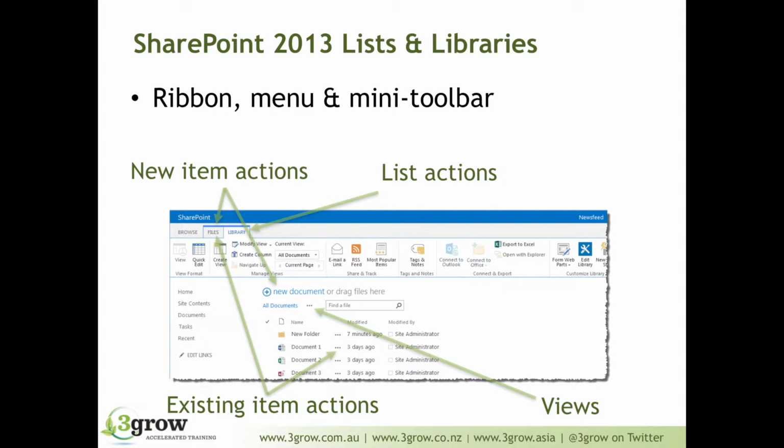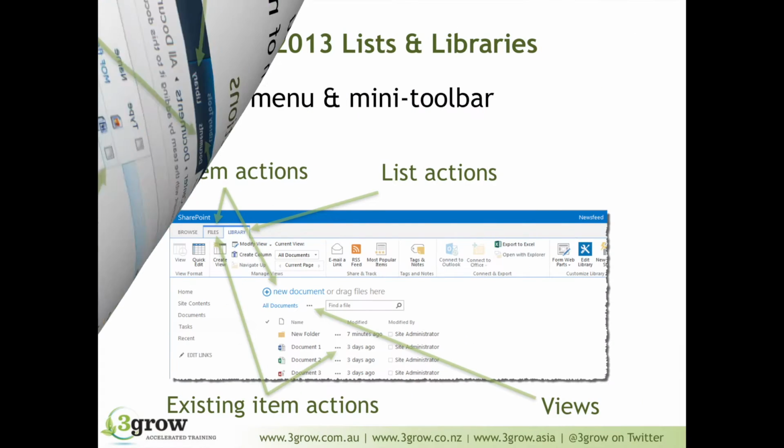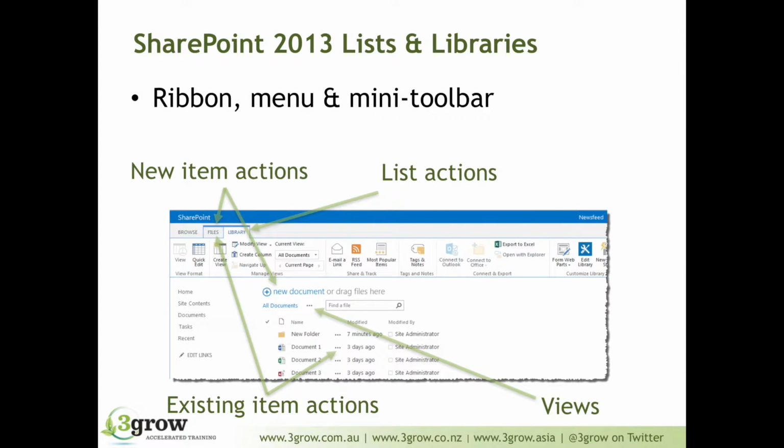The ribbon stayed the same except that the tabs are labelled differently, Files and Library, rather than in 2010, Documents and Library. The main reason behind that is that it tends to get a bit confusing, because documents are normally the term we'd use to refer to Word documents. So Files is a bit more generic, to ensure that there was a bit less confusion in that sense.